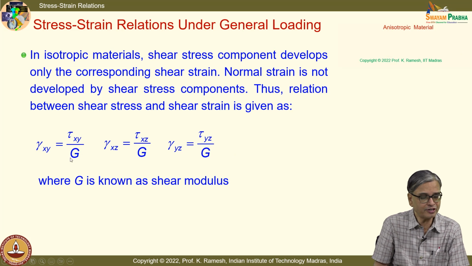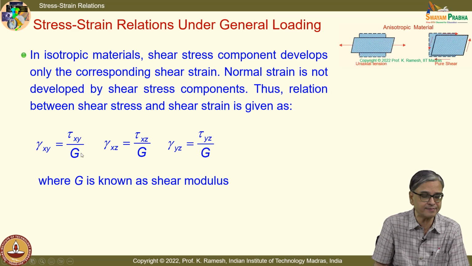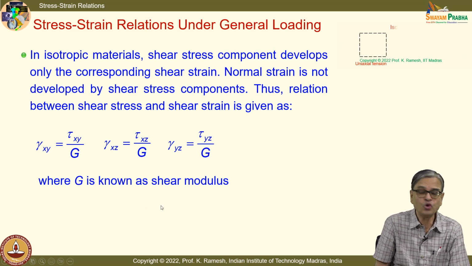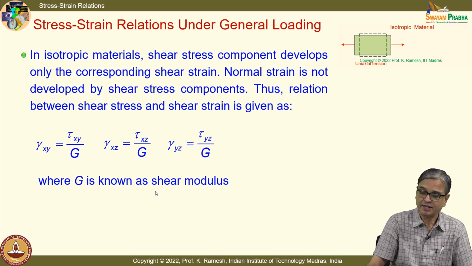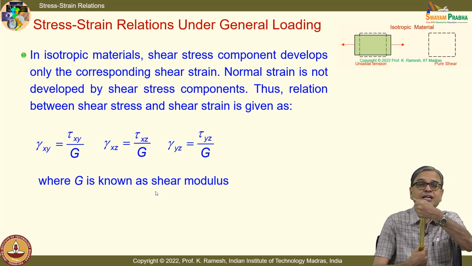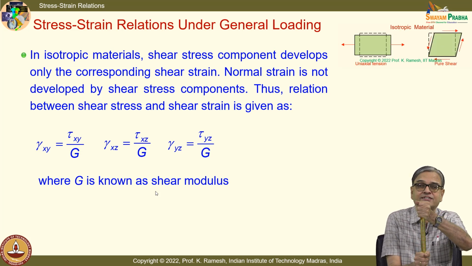And now what we have introduced is, instead of Young's modulus, another symbol G, which is known as shear modulus. Like I have done a tension test, you can also take a shaft and twist it.